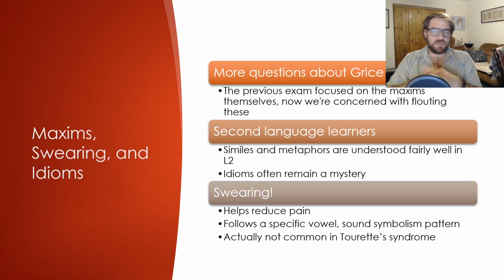But what's interesting about those is that when you have someone who is learning a language, this is their L2, similes and metaphors are easy to pick up because with a hot knife through butter, it doesn't really matter what language you're speaking, that imagery makes sense.